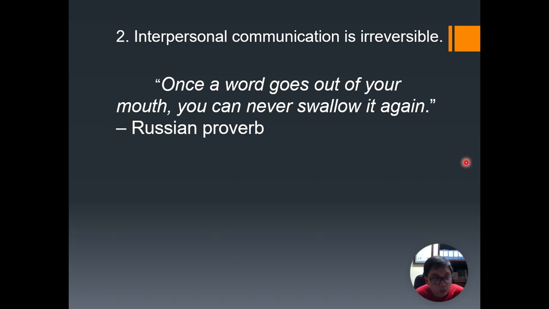Whatever we say is already irreversible, even if some people would say, I did not mean it. The damage has been done. Okay? We cannot remove the fact that we might have hurt a person. That is interpersonal communication. We cannot take back what was already given.